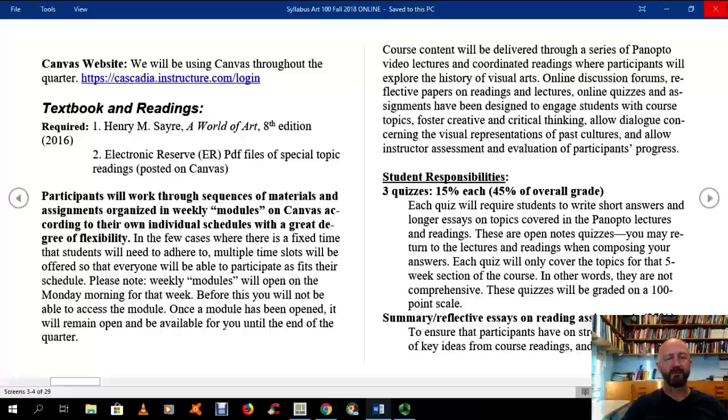They're links to PDF files on special topic readings. Again, you don't have to go search these out. They will be on the assignment for whatever week they show up with a little link. You push the little link and you'll find the PDF file, which you can download and print off or just read on your screen if you want.